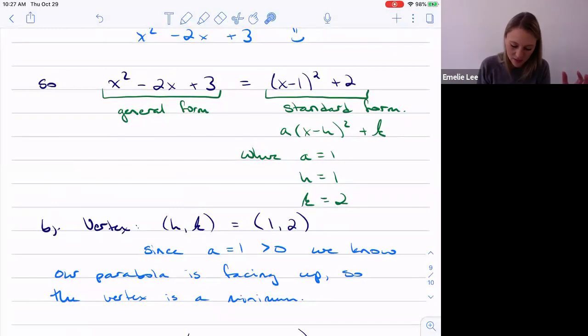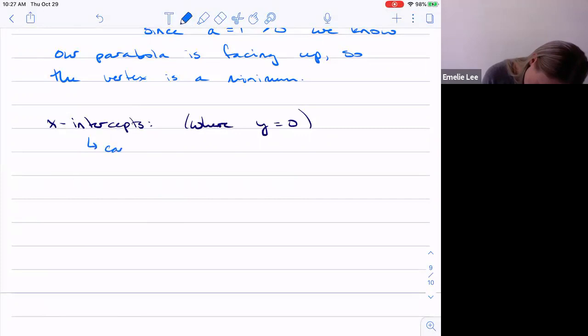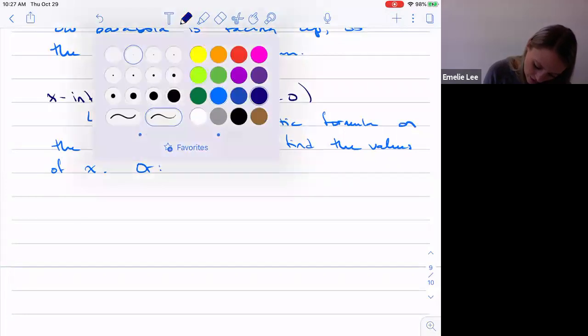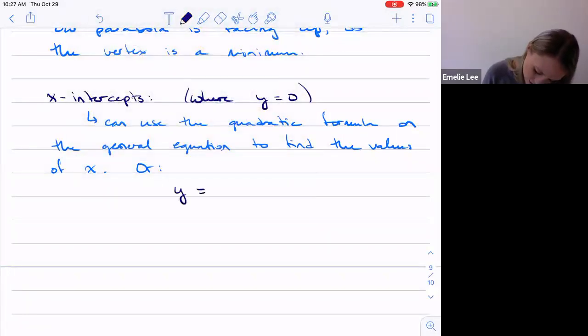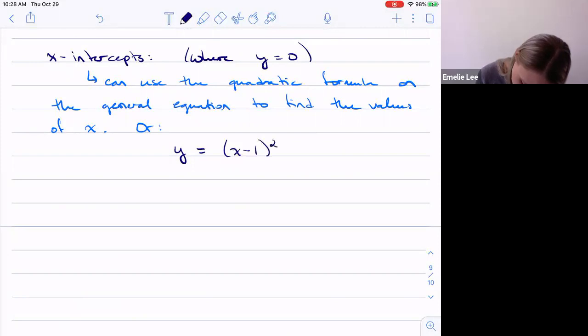You can use the quadratic formula on the general equation to find the values of x, or what I'm going to do is say y equals, and now I'm going to use the standard form, x minus 1 squared plus 2.